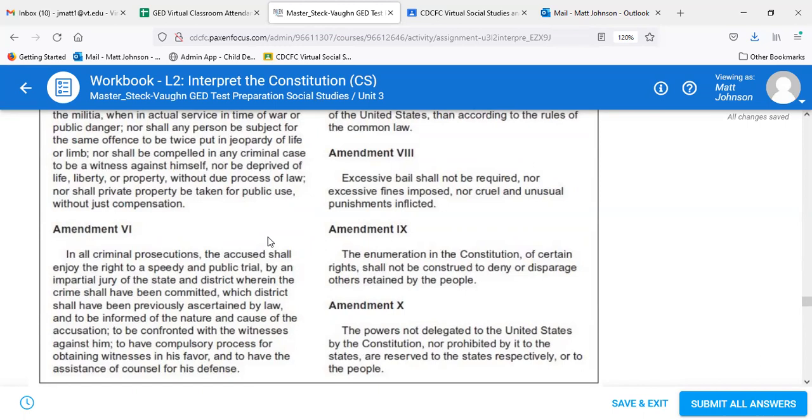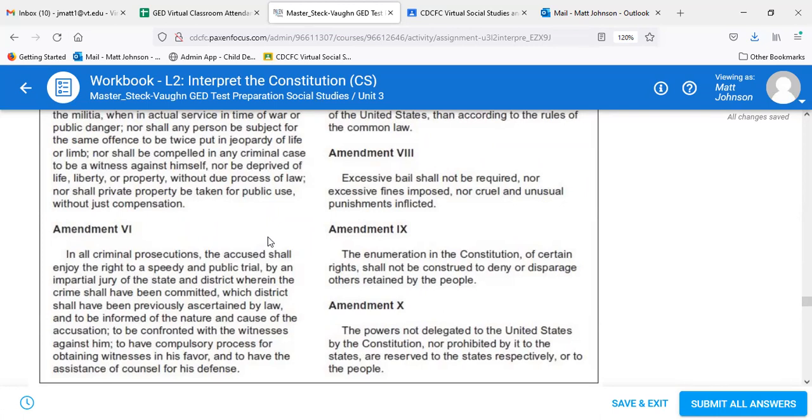And then the final one in the Bill of Rights, Amendment 10. The powers not delegated to the United States by the Constitution, nor prohibited by it to the states, are reserved to the states respectively or to the people. So that's a lot like Amendment 9, where Amendment 9 is enumerating the rights to the individual. Amendment 10 is expressing that to the states.